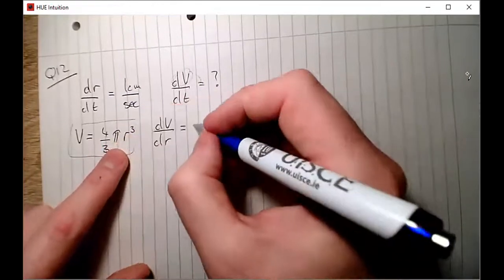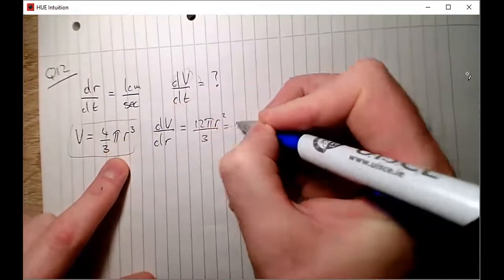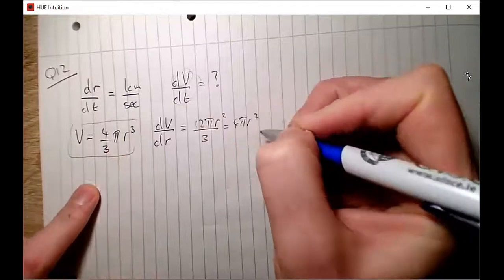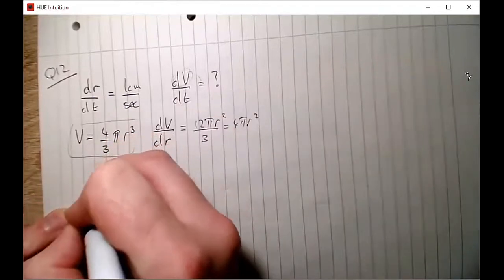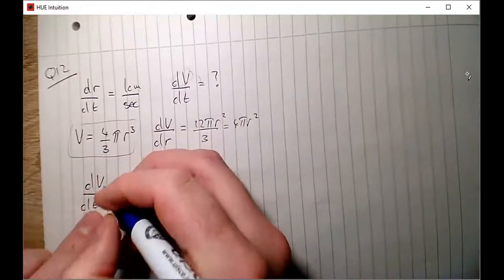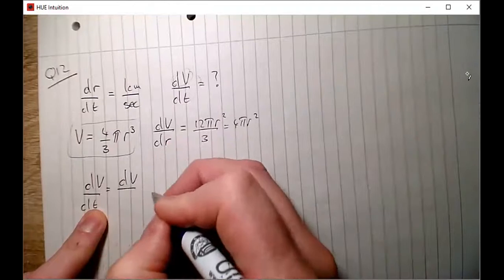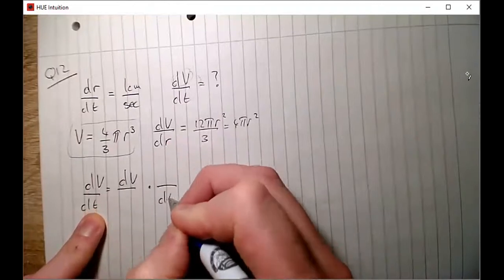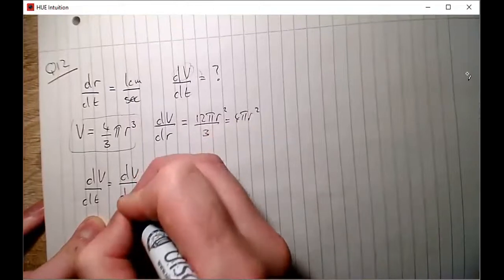Bring that 3 down, you get 12 pi r squared over 3, or 4 pi r squared. So now we have dV/dt. Using our chain rule, we can separate that out, introduce this new variable r, dV/dt, and we say we want to introduce this variable r, dr and dr.